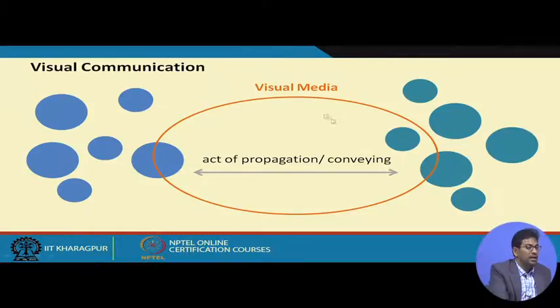So if we now go back to our diagram for communication, what is visual communication predominantly is where this act of propagation or conveyance is happening in a predominantly visual media. That means there are two different entities, the communicator and the receiver, and there is a propagation happening through certain kind of media.